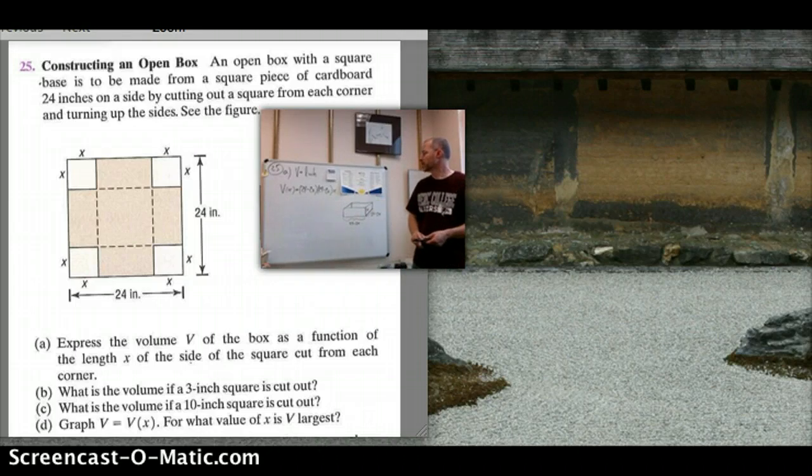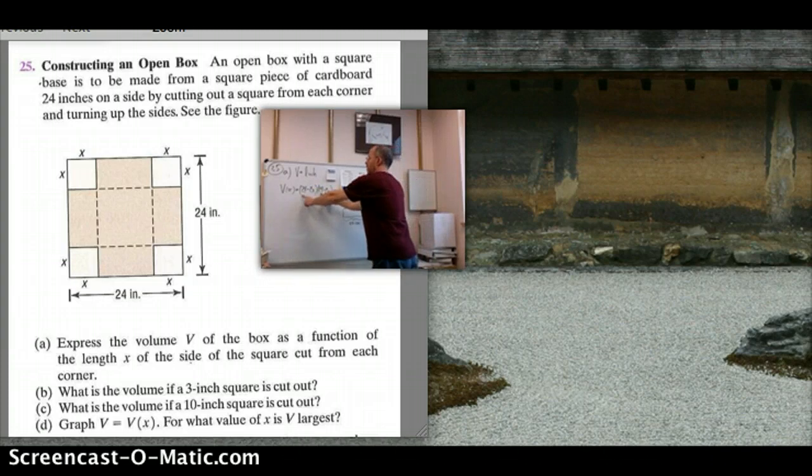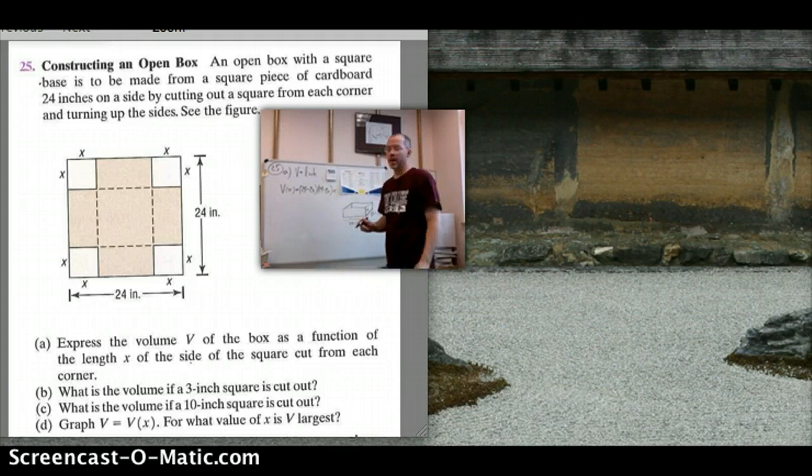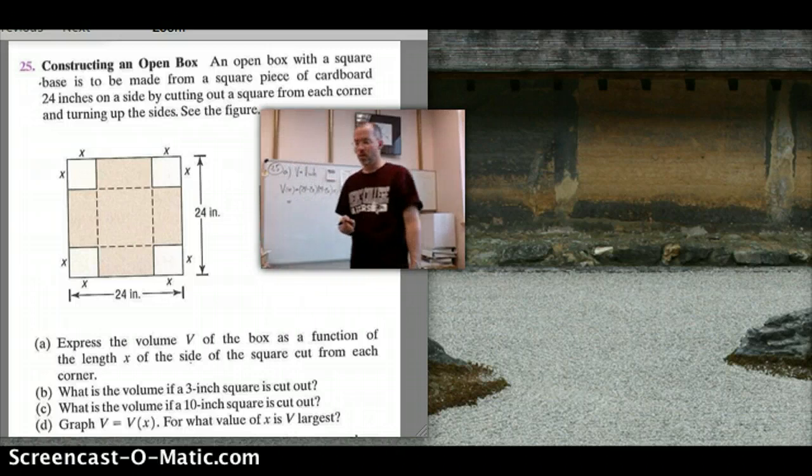I'd like to clean this up a little bit. If I want to write this in another form, I'd multiply these two binomials out. I've got to use FOIL. 24 times 24, and then I do the outside product, negative 2x times 24, negative 2x times 24, and then negative 2x times negative 2x. I'm going to spare you writing all of that out.